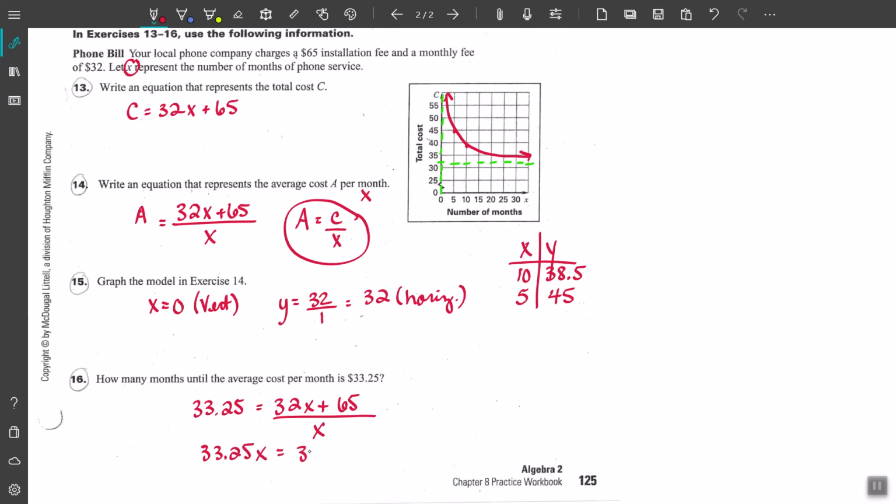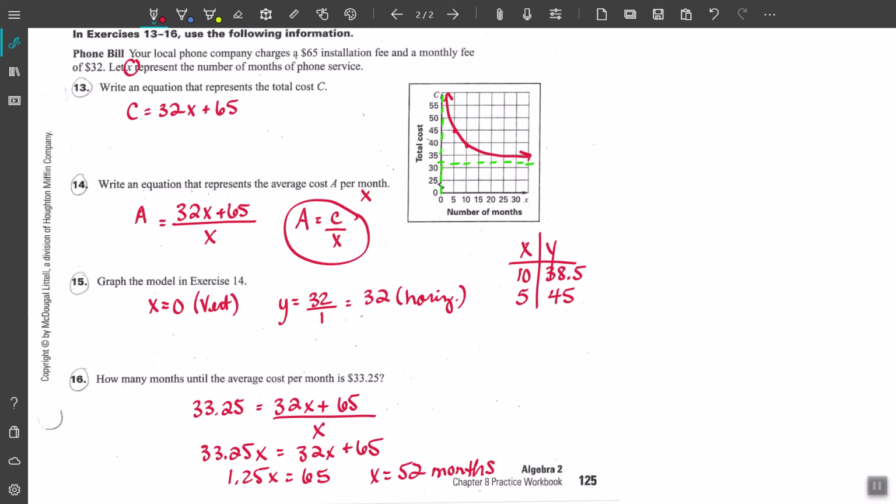Get rid of that x in the denominator first. All I did was multiply by x on both sides, and subtract the 32x from the right. We'll get 1.25x equals 65. And then that's going to end up giving me an x of 52 months after I do the math with those fractions. So after 52 months, our average cost per month is going to drop down to $33.25.